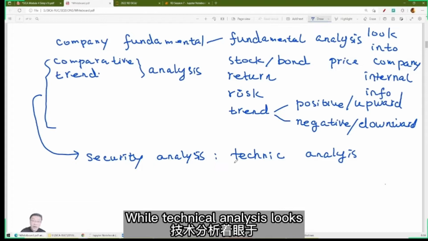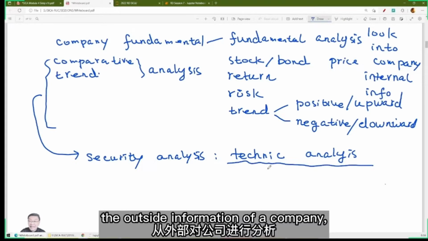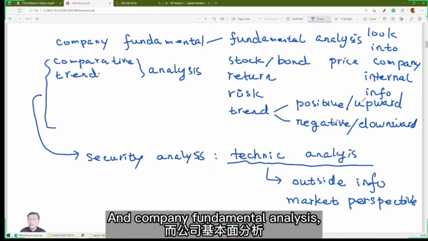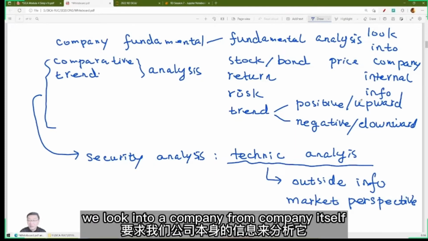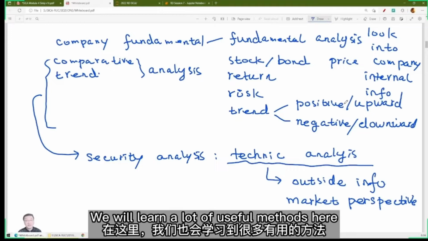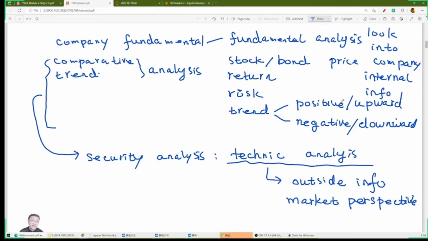While technical analysis looks at the outside information of a company, primarily from a market perspective, in company fundamental analysis, we look into a company from the company itself. We will learn a lot of useful measures here.